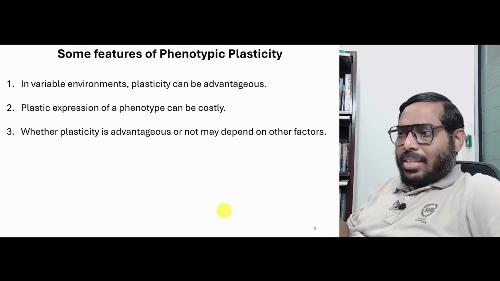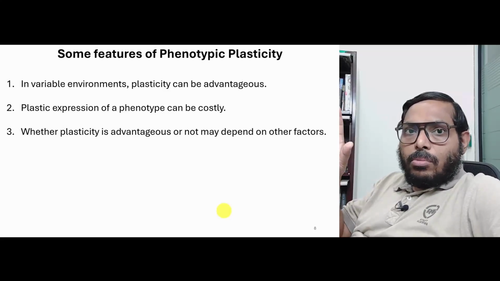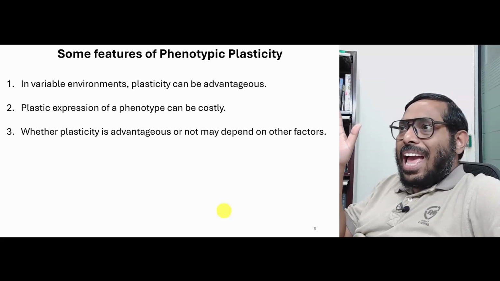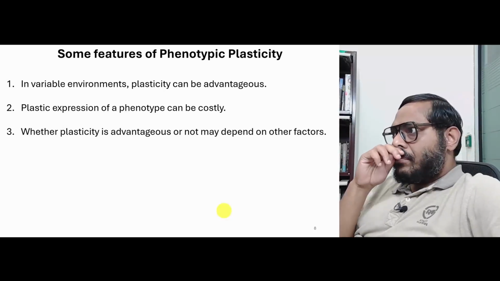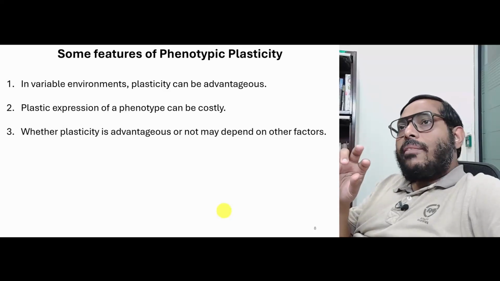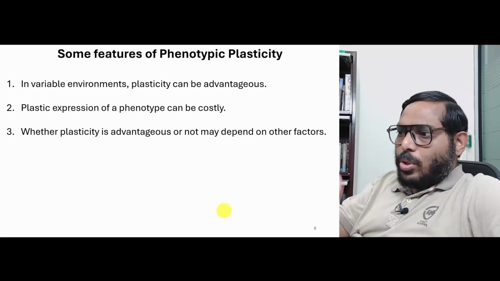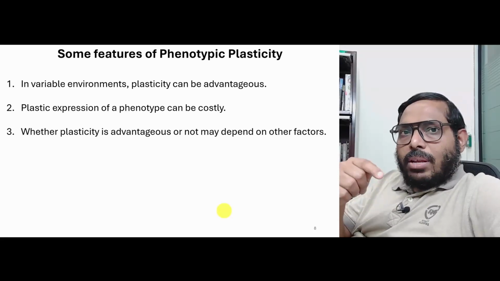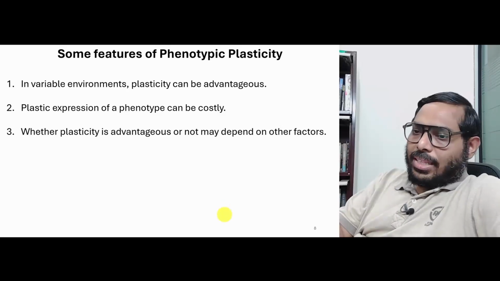If the predators are there, then you do not really have any option in turning down the melanin, right. I am sorry, the other way around, you do not have an option in terms of turning on the melanin, because if you do, the predators are going to eat you up, right. So, that is what I mean by saying whether plasticity is advantageous or not might depend on other contexts.